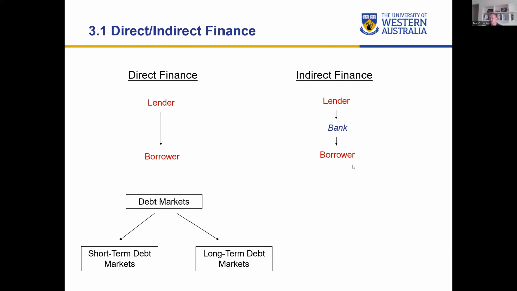Now that is overly simplistic because Australian banks, of the lending that they do to borrowers, around about 60% of that money, 60, 62%, comes from customer deposits, money in savings accounts, term deposits, things like that. So the other 38 to 40%, banks get it from another source, but we're not ready to go there yet. We will very soon. But just for now, I just want to emphasize that indirect finance involves a bank.